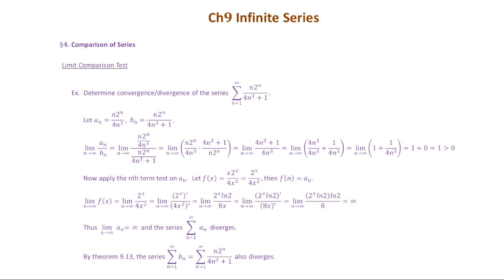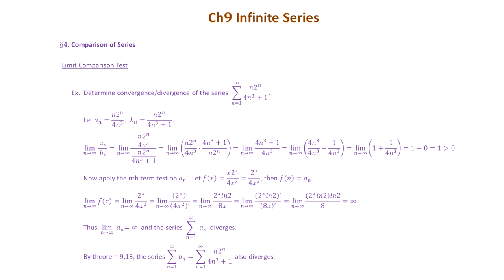If you still remember what the nth term test is, it says for a series to be convergent, for the infinite sum of the numbers to be finite, then the numbers on the tail have to converge to 0.